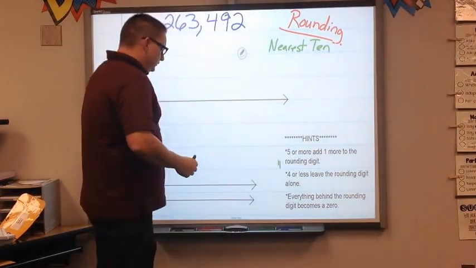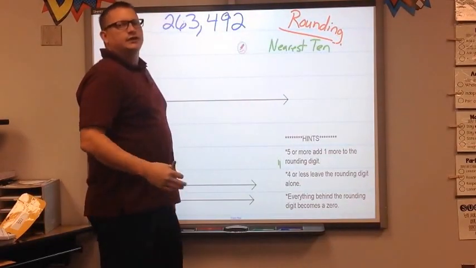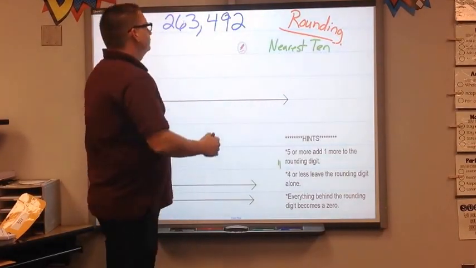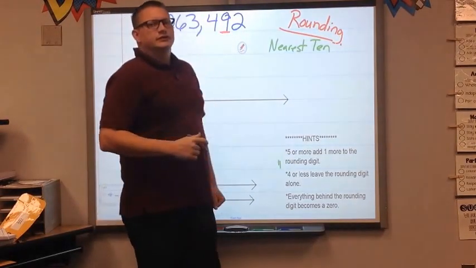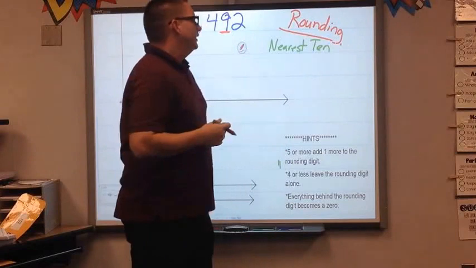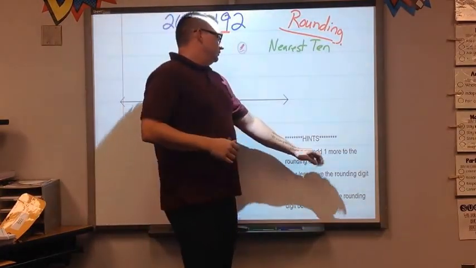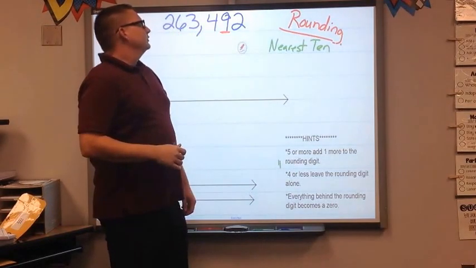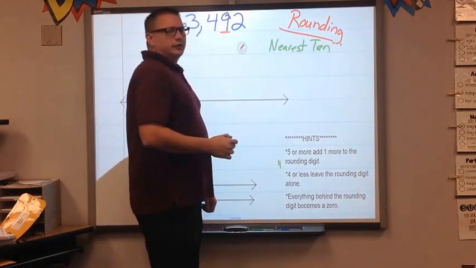So go underline, right now, before I do it, your tens place and find out what your rounding digit is. Okay? So if I go to my tens place, my rounding digit is a 9, right? Okay, so that 9, I'm either going to bump up that 9, or I'm going to leave that 9 alone. Okay. So let's go ahead and set up our number line.